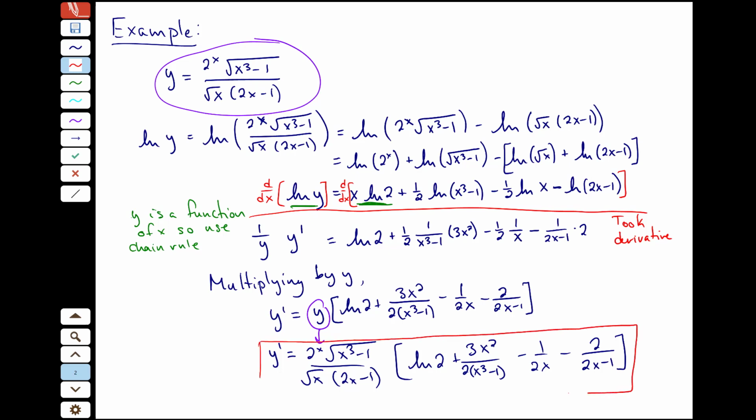Now, this may seem ridiculously complicated, and it is complicated. This is not an easy example. But remember what we would have to do to take the derivative of this original expression. We would first need to use the quotient rule.